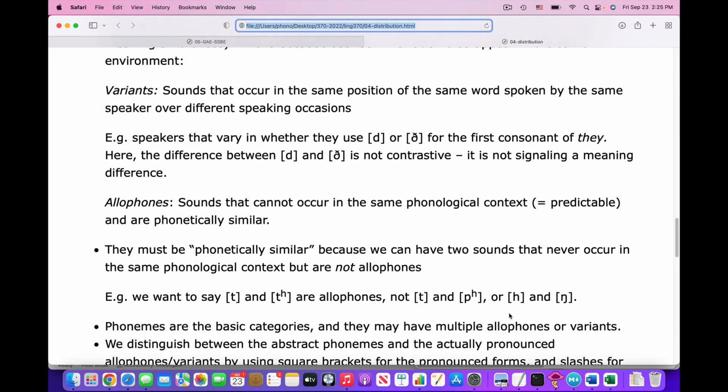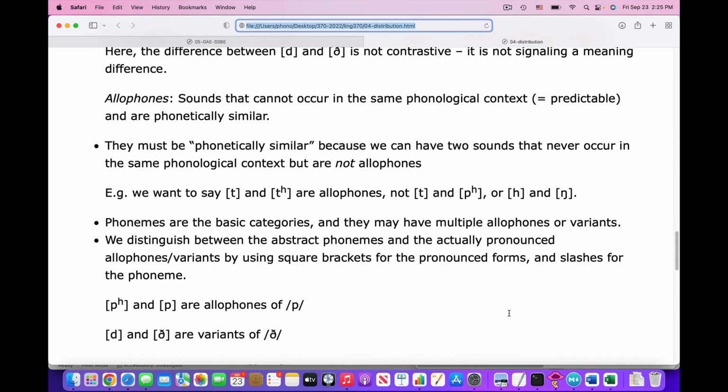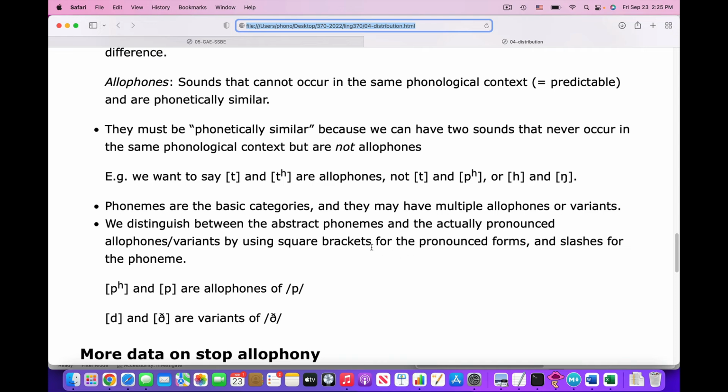And the answer is right here, that we would want to say that aspirated and unaspirated t are allophones, but not t and p, or h and engma. So h never appears in the final position of the word in English, only in initial position, whereas engma only appears in final position.